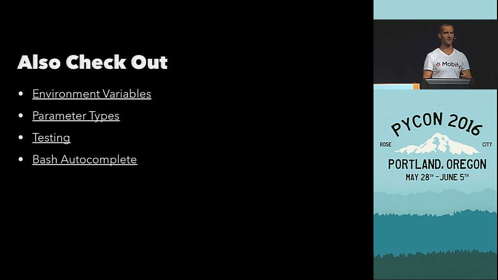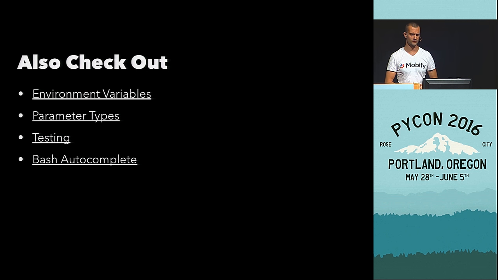So I can specify this has to be an integer, and if that validation fails, then instead of accepting that and I have to handle it manually, I immediately get feedback from Click as a user saying this is the wrong type.